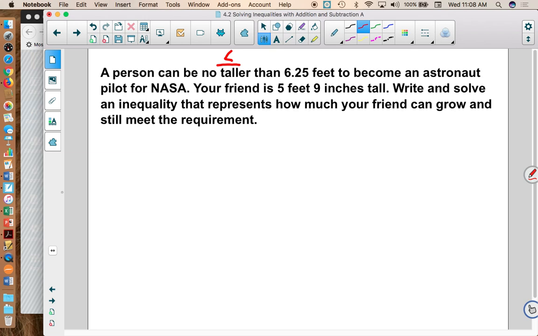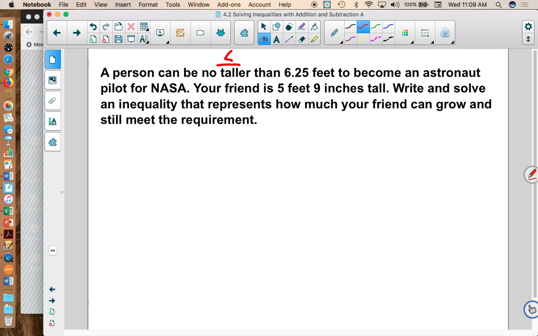Alice? I would rather go to inches. So 0.25 or 25 hundredths is 1/4, and 1/4 of 12 inches is 3 inches. Okay, so you're converting to inches there? Yeah.